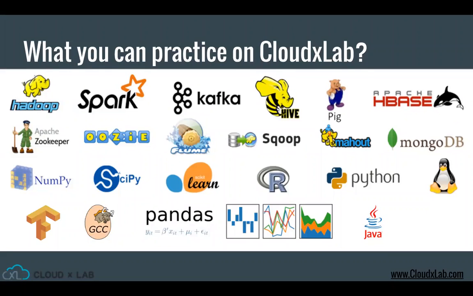Other than Hadoop, Spark, Kafka, Hive, Pig, HBase, Zookeeper, Oozie, Flume, Scoop, Mahout, MongoDB, we have NumPy, SciPy, Scikit-learn, and R. These are machine learning libraries, along with Pandas. These 7 libraries are for machine learning and deep learning. And we have Python.